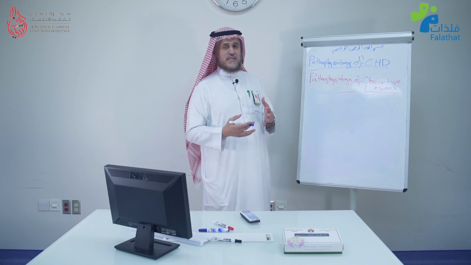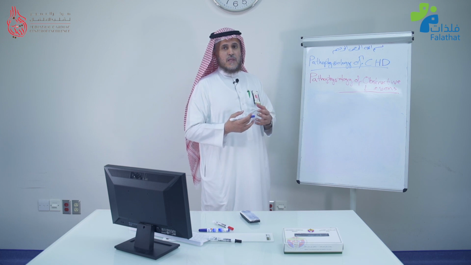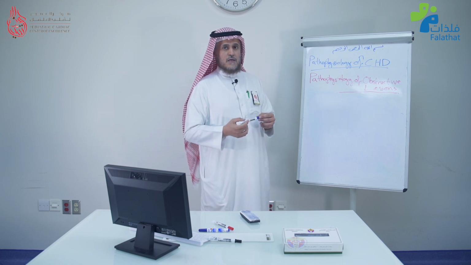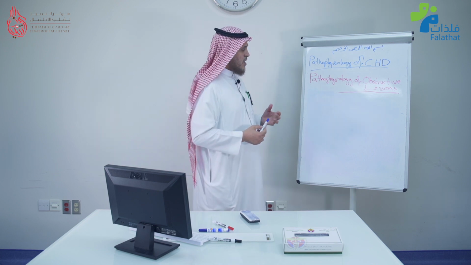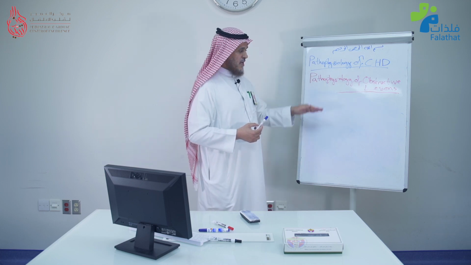Moderate, we have mostly right atrial dilatation and some right atrial pressure elevation and some right atrial size enlargement. And with the moderate to severe or the severe, we start seeing all the other effects that were mentioned.